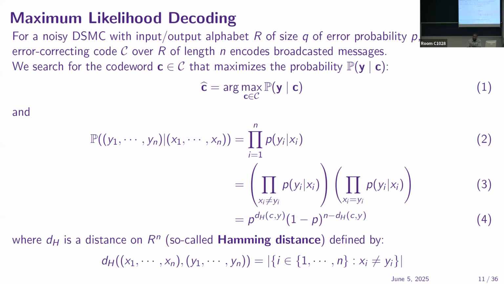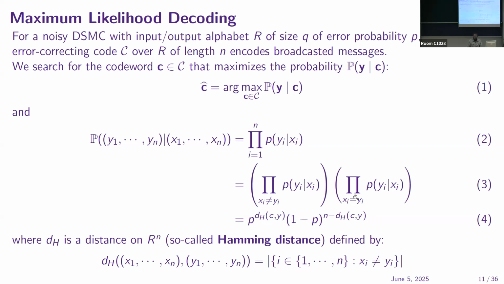This product has P to the power of the Hamming distance between c and y.